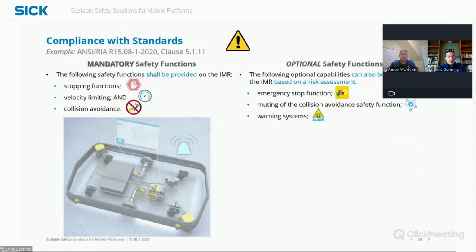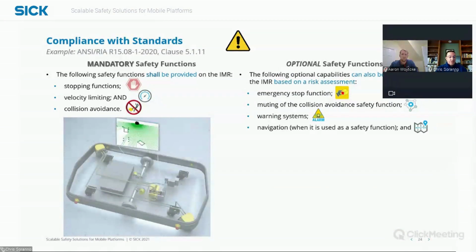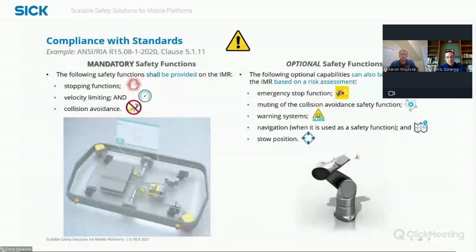Sometimes warning systems in and of themselves are a safety function. Navigation, a lot of times navigation is not used as a safety function, but we're starting to see more and more where the navigation in and of itself is safety relevant and therefore has safety requirements. And then the last one is a stow position, especially if we have a manipulator on top with the arm sticking out as it approaches a doorway. It needs to tuck into a stow position to make sure it clears the area safely. These are all optional safety functions.